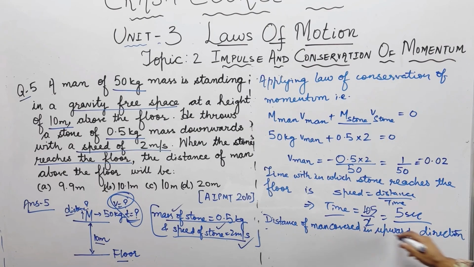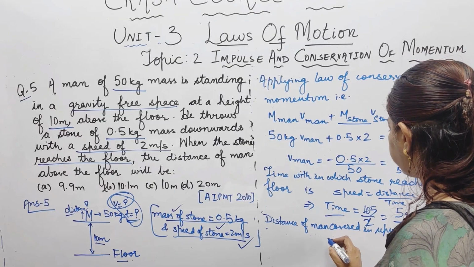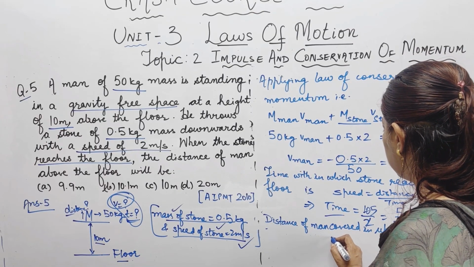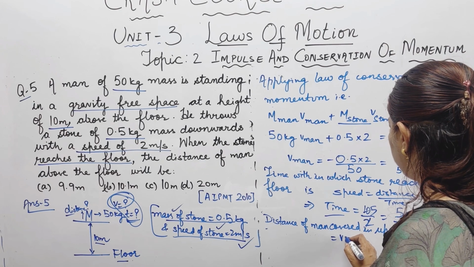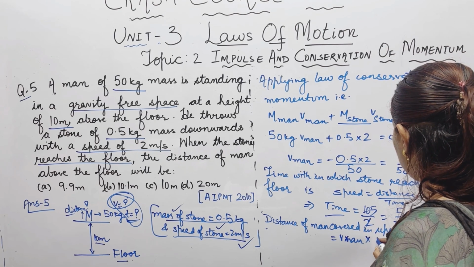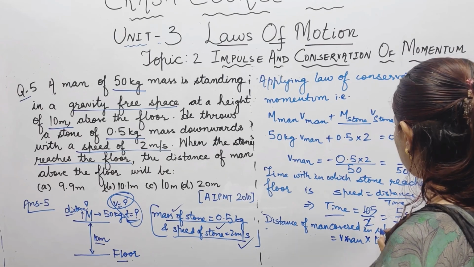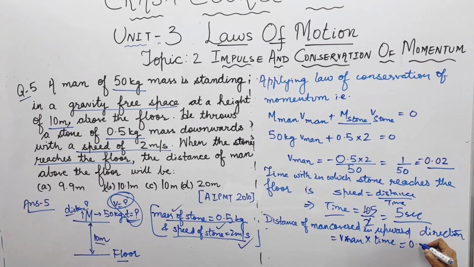The distance of man covered in opposite direction will be velocity of man into time. Velocity of man is 0.02 and the time taken is 5. So on solving we get it is 0.1 meter.